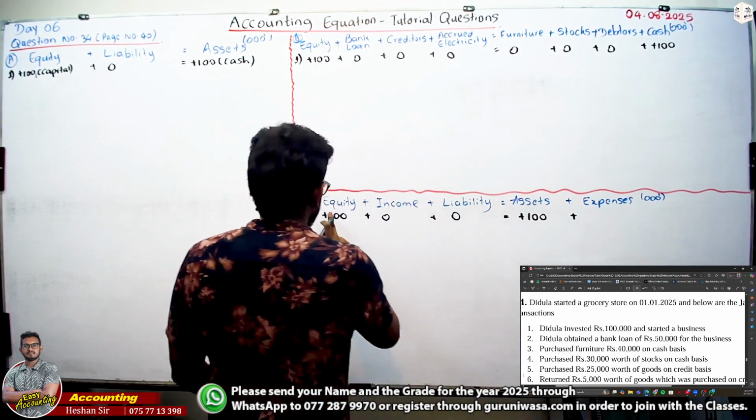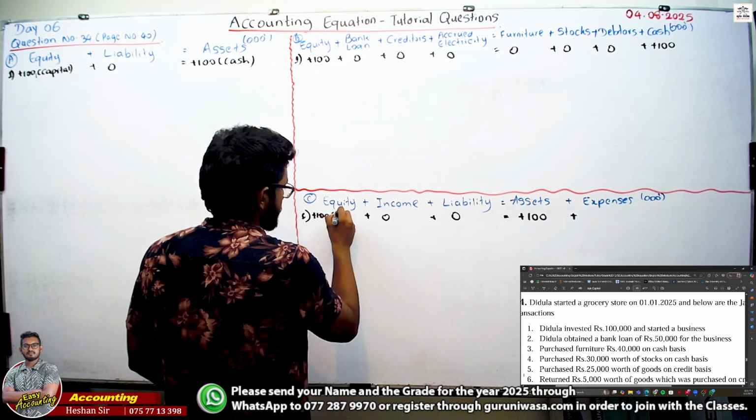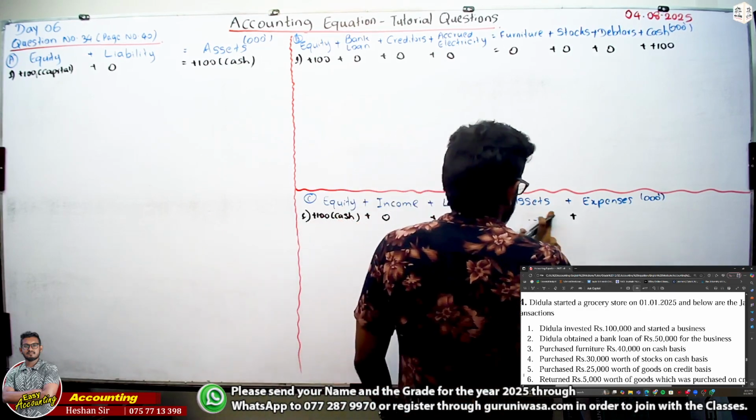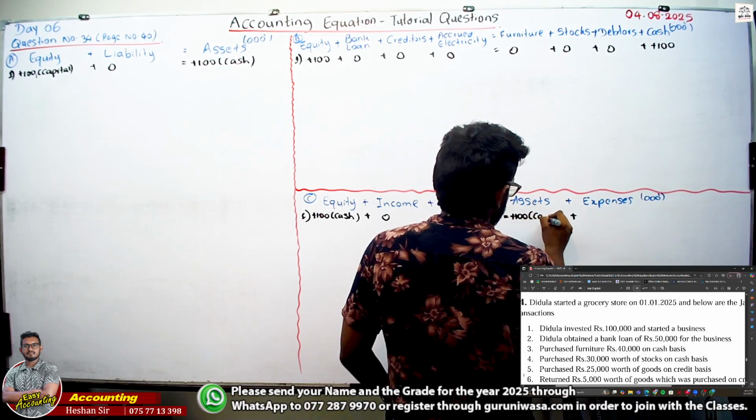Better if you write it as 100,000 cash and 100,000 capital.